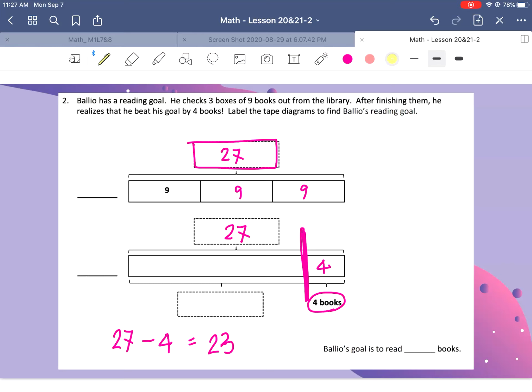So the reason why I did subtraction is because this is the total number of books that Leo read. But we're interested in the number of books that he initially wanted to read, which is this section over here. So we know that this section is smaller.